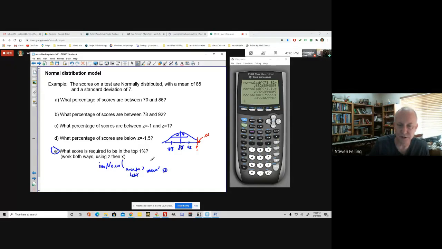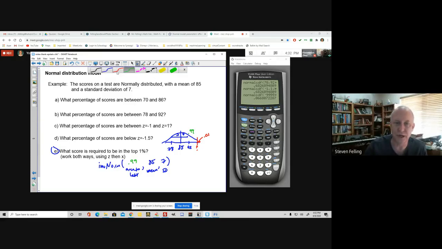Okay, so the mean and standard deviation here would be 85 and 7, but the area to the left, okay, so if the area to the right of this boundary is 1%, the area to the left would be the other 99%. So I'm going to enter 0.99, the area, as a percentage, but expressed as a decimal.